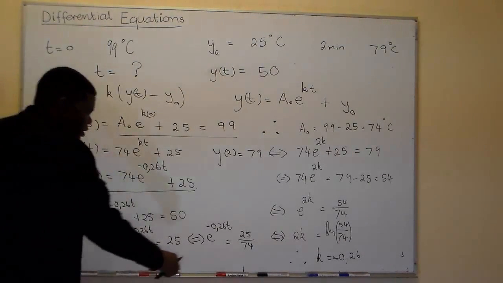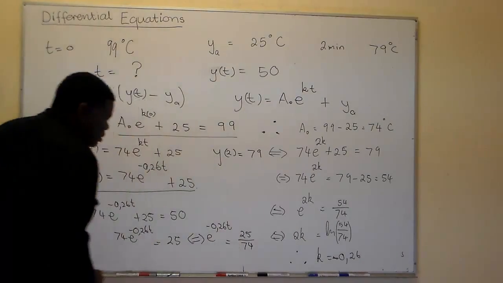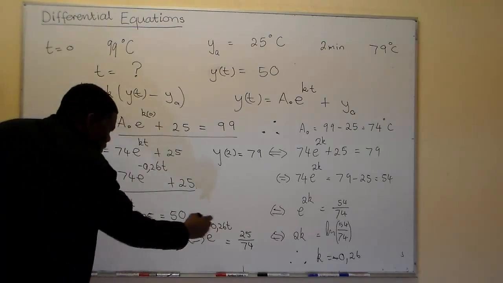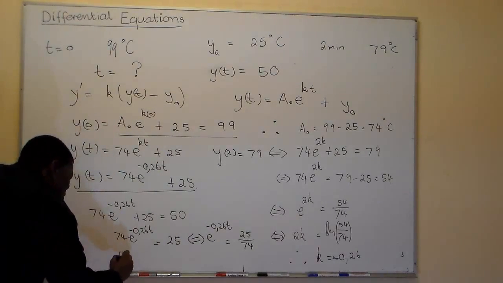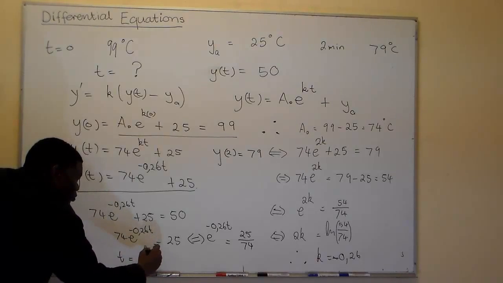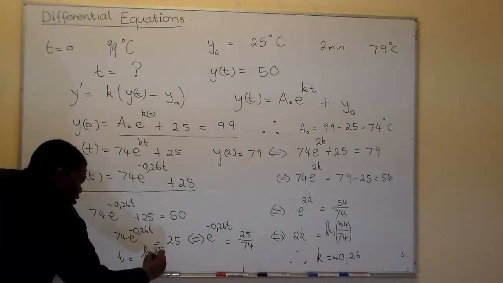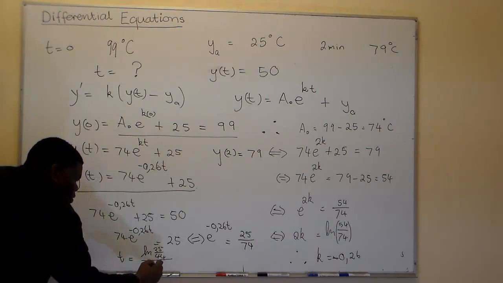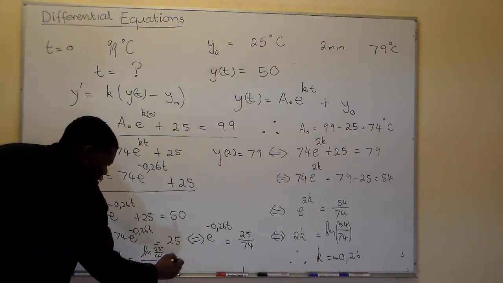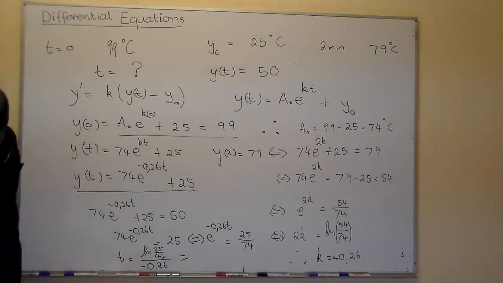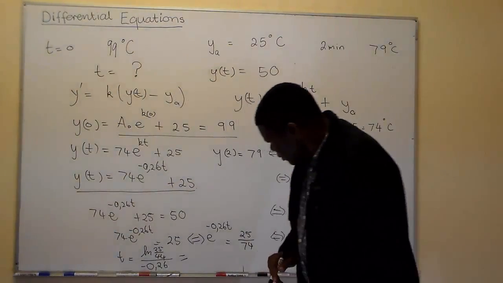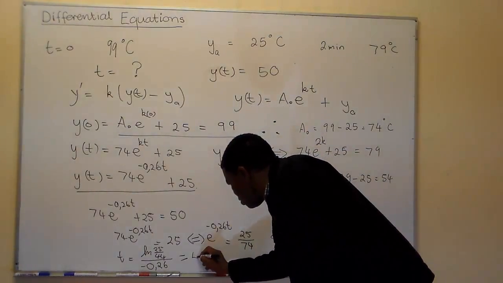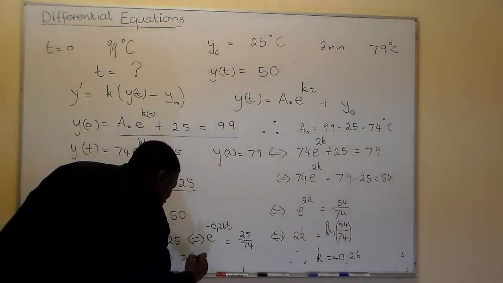Again, we need to apply the logarithm function on both sides, and we get that t is going to be equal to ln of 25 over 74 divided by minus 0.26, which is roughly equal to, to 2 decimal places, 4.17.